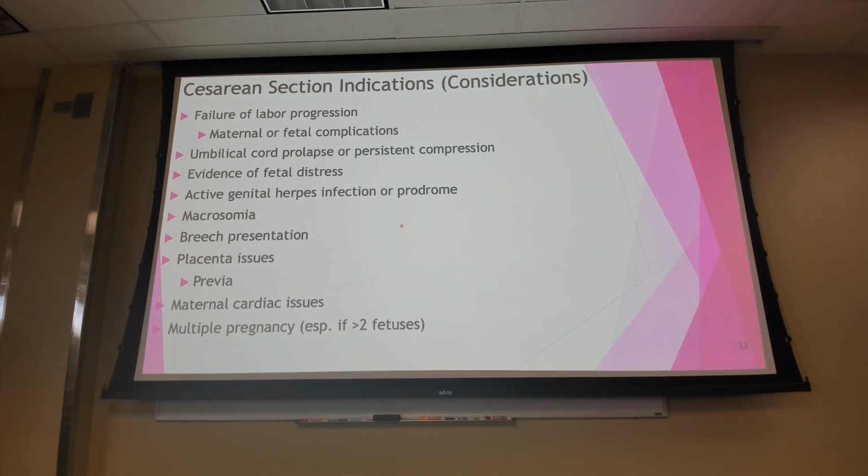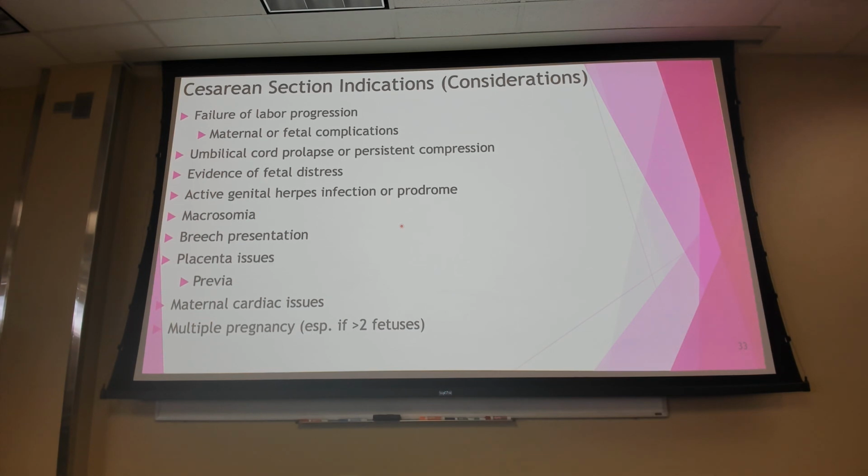All right, some other indications for C-section, question. Okay. If labor is not progressing, despite induction, despite augmentation, we can't get the cervix to have any changes, that would be an indication for a C-section. Umbilical cord prolapse, vasa previa as well. Any evidence of fetal distress. How are we going to identify that? By the fetal monitor.